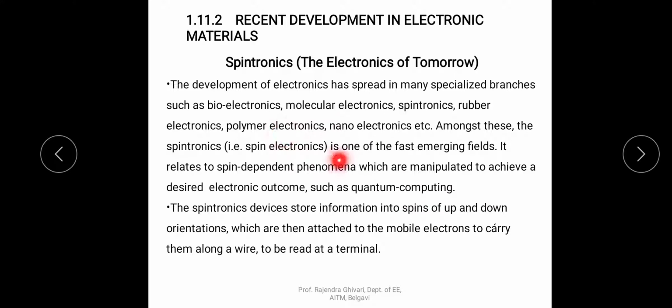Now, to briefly explain what spin electronics is, we have seen that the electron revolves around the nucleus. Apart from that, the electron also rotates on its own axis. By rotating on its own axis and around the nucleus, it creates a magnetic field.